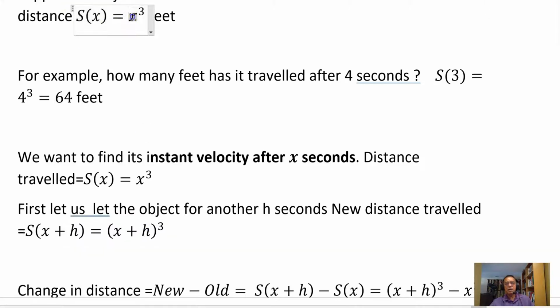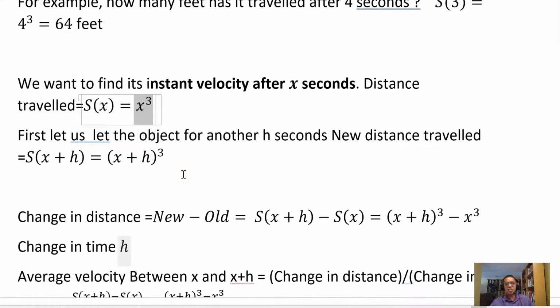You replace x by x plus h, and then you get (x plus h) to the power 3. This is your new distance traveled, and this is the old distance traveled. This is the distance traveled after x plus h seconds, and this is the distance traveled after x seconds.